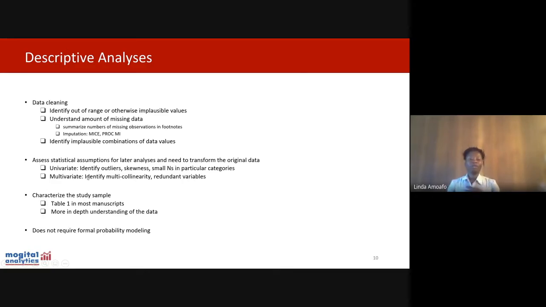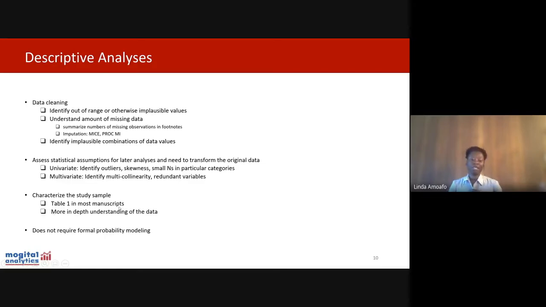Okay, so once you've done this data cleaning, you've done these assumptions, you've checked these assumptions, the descriptive analysis is mostly about characterizing the study sample. And this is mostly shown in table 1 in most medical data analysis and manuscripts that we've done.